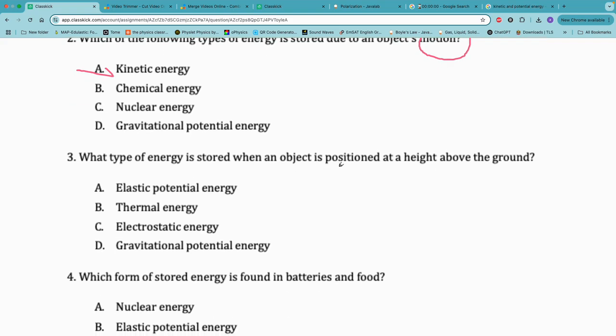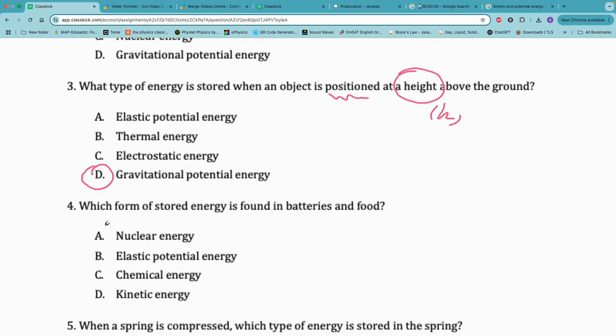What type of energy is stored when an object is positioned at height above the ground? So height, automatically you go for gravitational potential energy. Next, which form of stored energy is found in battery or food? We mentioned this earlier.